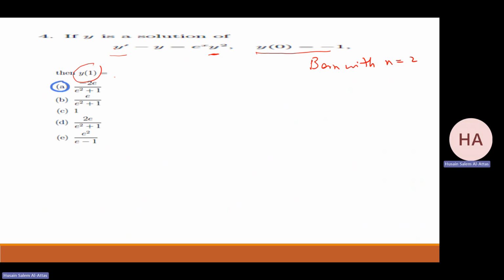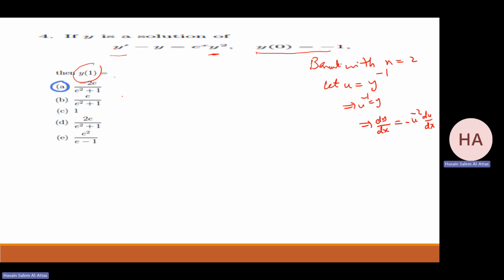Okay. Let us see what will happen. This is Bernoulli with n equal 2. So I let u equal y to the power 1 minus 2, which is minus 1. So u is y to the minus 1. So dy over dx will be minus u to the minus 2 du over dx. Plug it here.